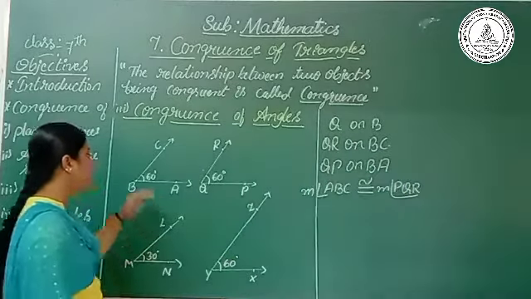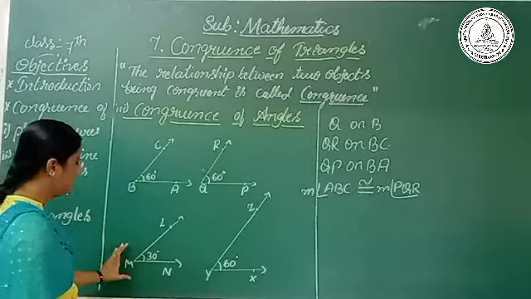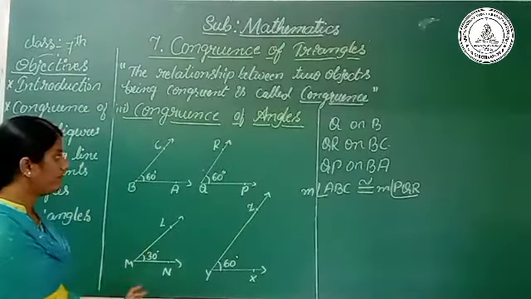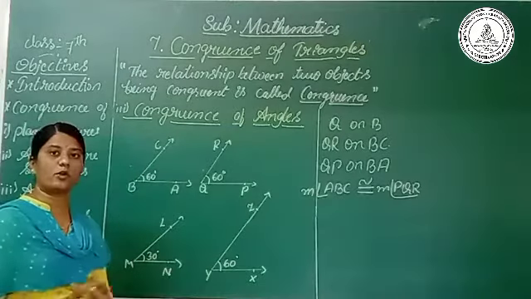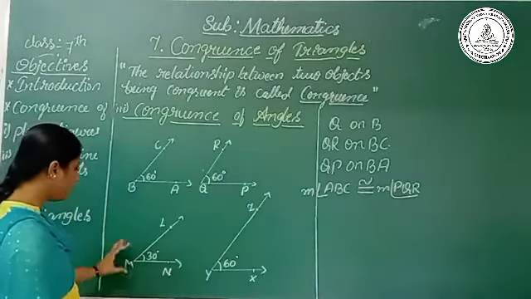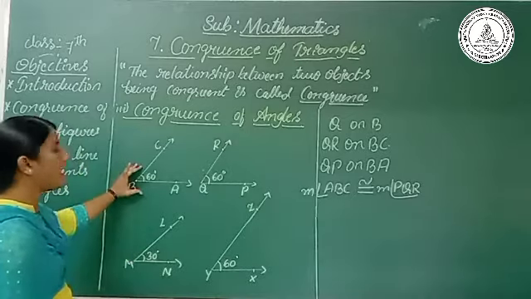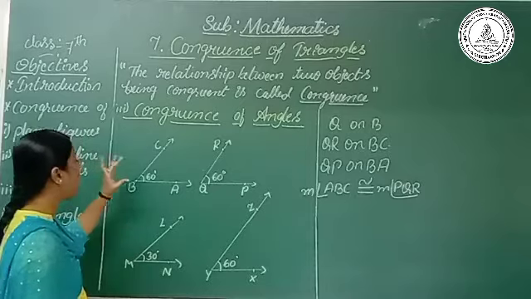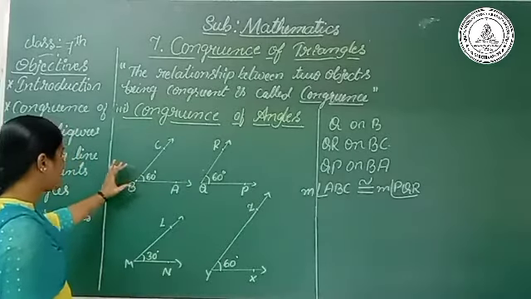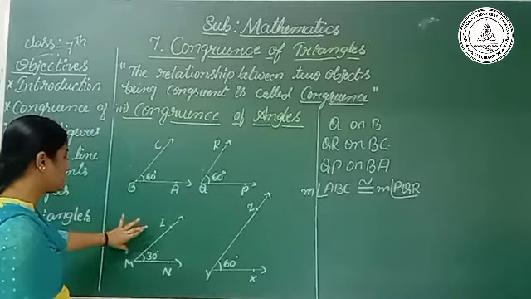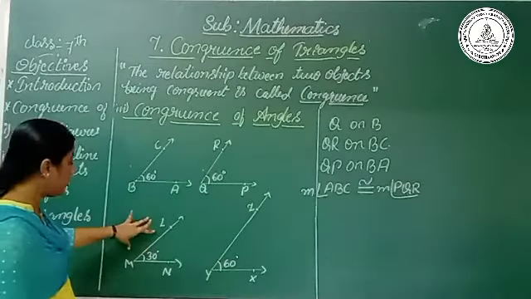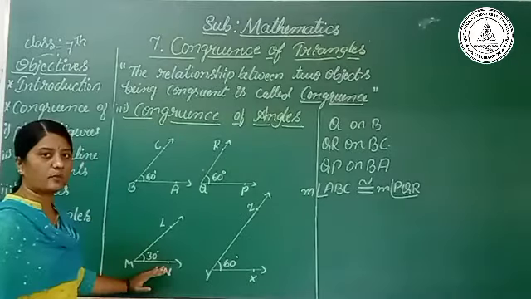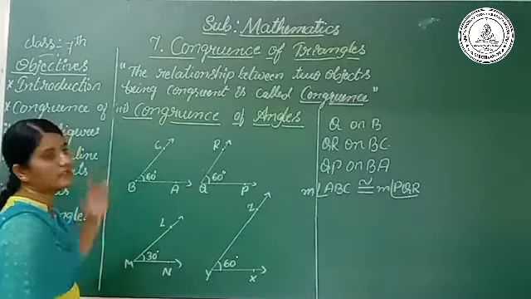So we have to check whether the measures of these two angles are congruent or not. Let's superpose this angle LMN on angle ABC. Angle M falls on angle B, but ray BC doesn't fall on ray ML, because here the angle is smaller and the angle ABC is greater.